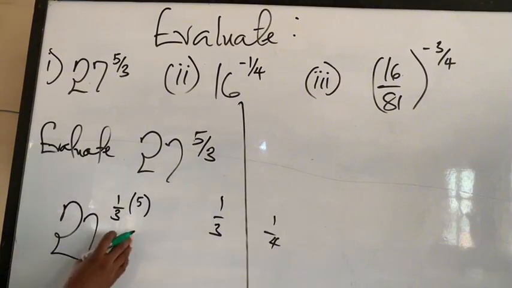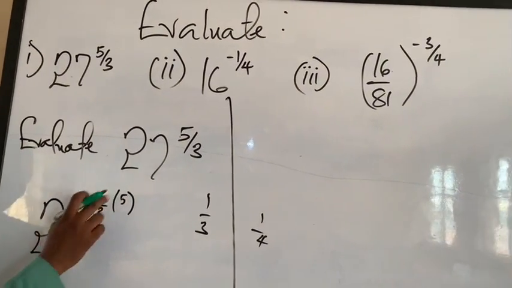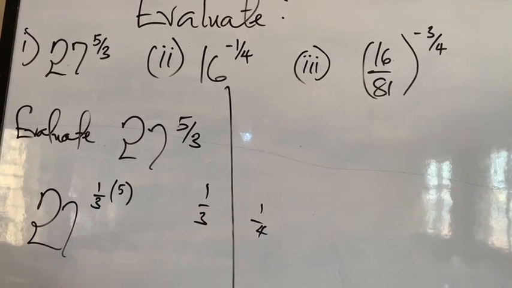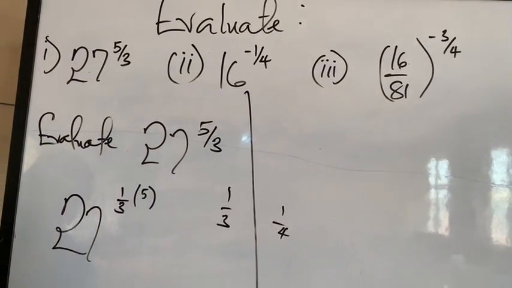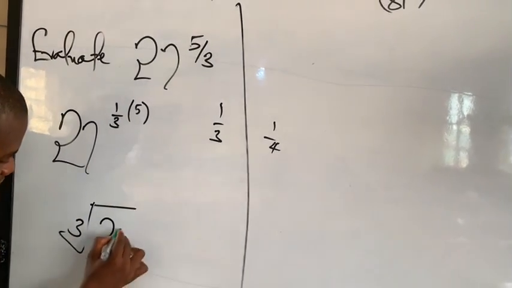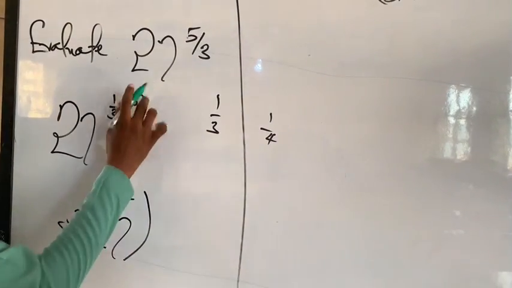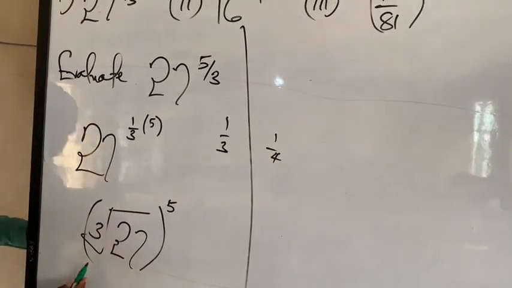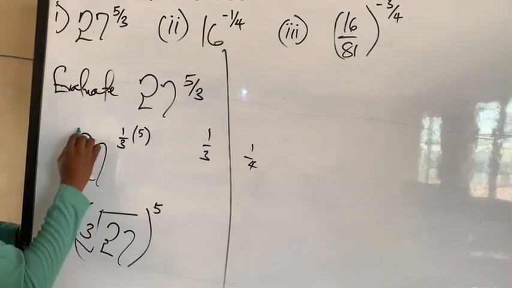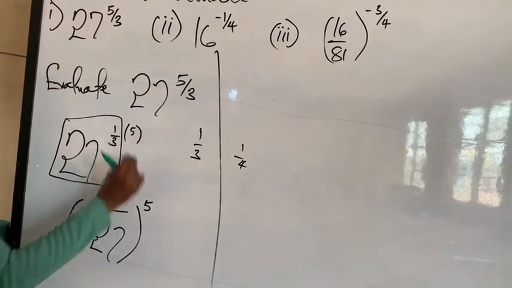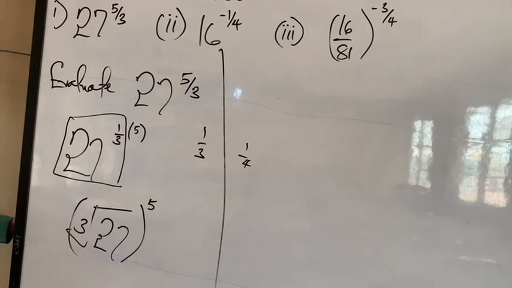So now looking at this, of course you should know that 1 over 3 times 5 will give you 5 over 3. So that is what it means. By virtue of this, it now becomes the cube root of 27, raised to the power 5 outside there. Okay?